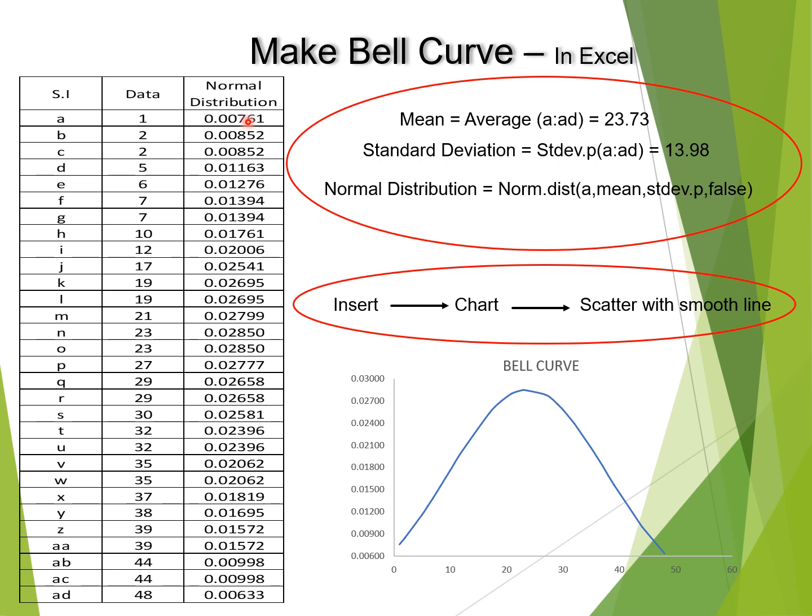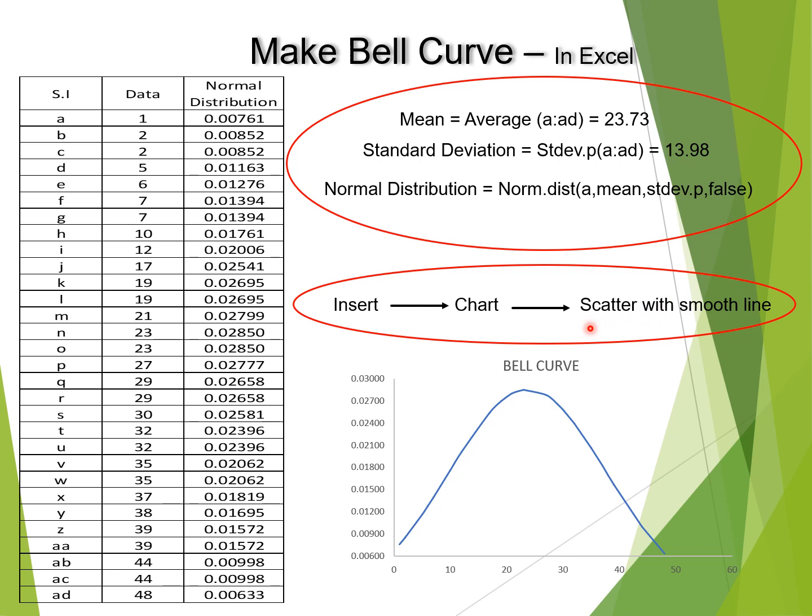We fix this formula here and drag it. Each time all other values will be the same except the data value. This data value will change, and then you have the distribution values here. This is the normal distribution of this data. Now simply in Excel we insert a chart, and the chart shall be scatter with smooth line.